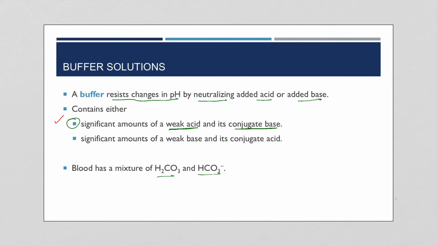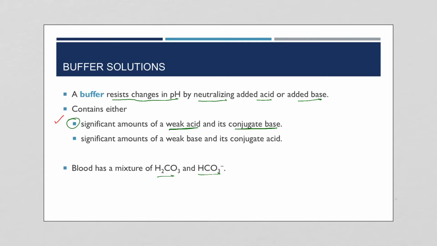Now, one buffer that's present in human blood, right, is this carbonic acid carbonate buffering system. Dissolved within the blood, we have significant amounts of carbonic acid and the bicarbonate ion, right?